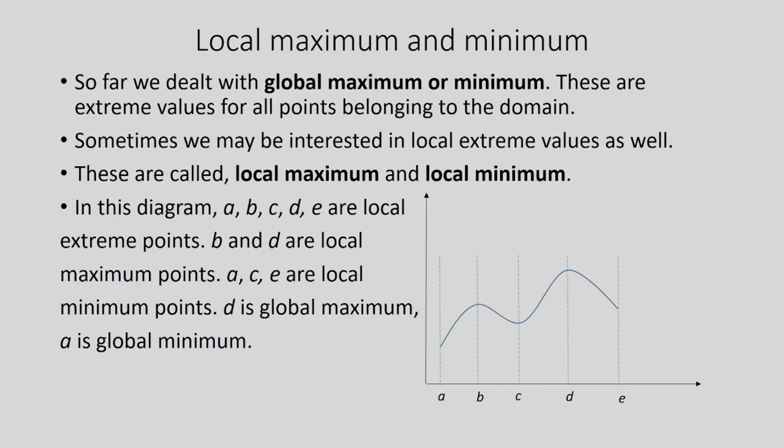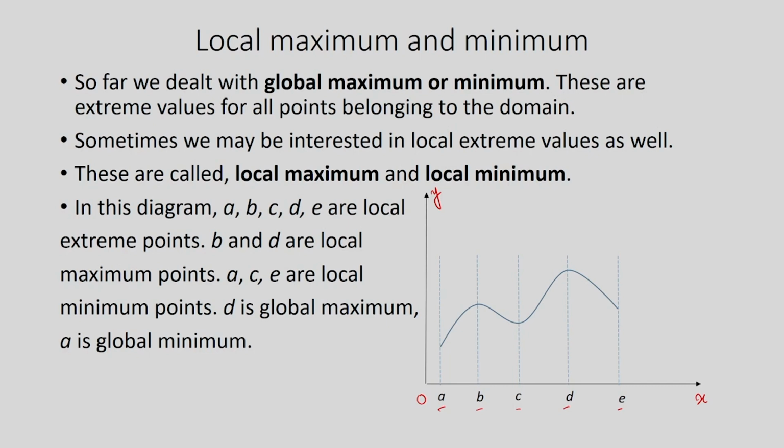So, here is a diagrammatic example. Just look at the graph. In this diagram, there are 5 local extreme points. A, B, C, D, E are the local extreme points.